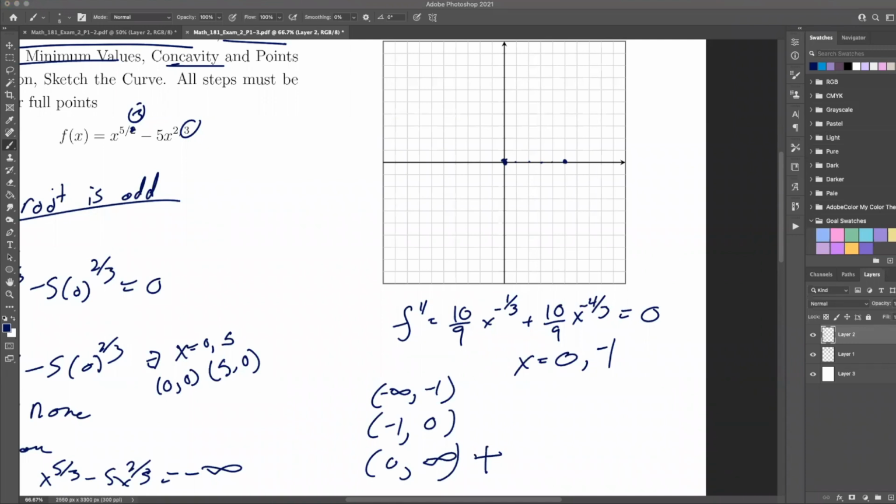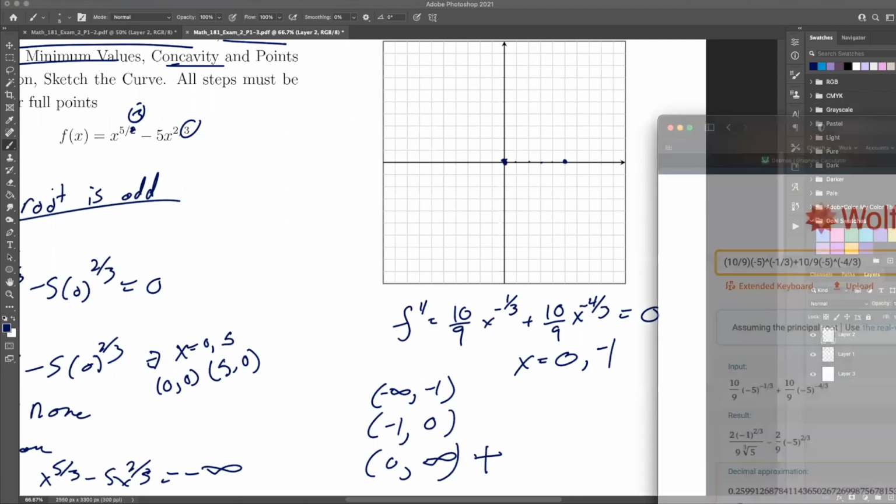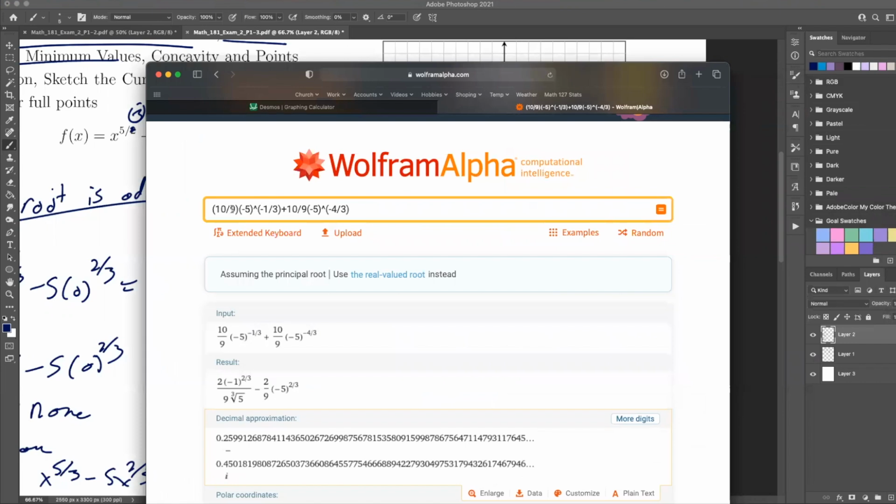The cubic root of -5 should give me negative. Hold on. Let me simplify this. All right, so 5/9, 10/9, since those are the same, it doesn't matter.